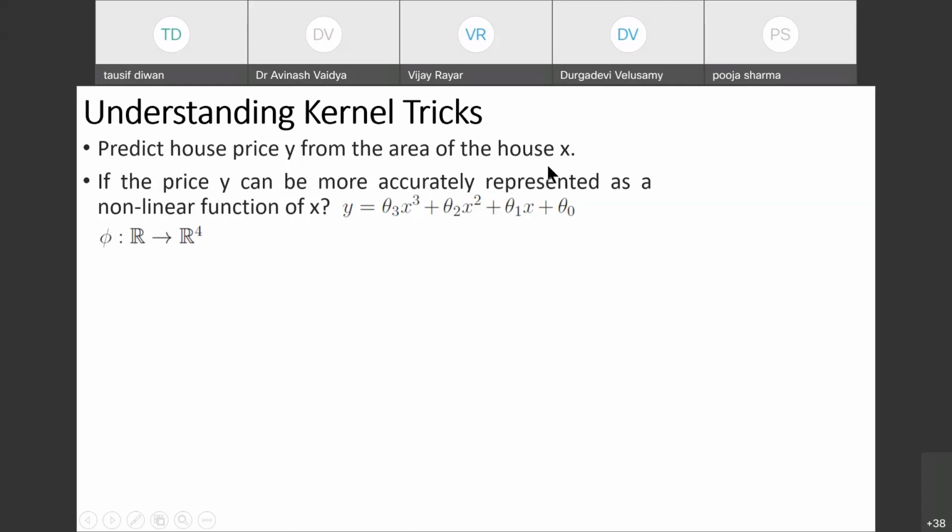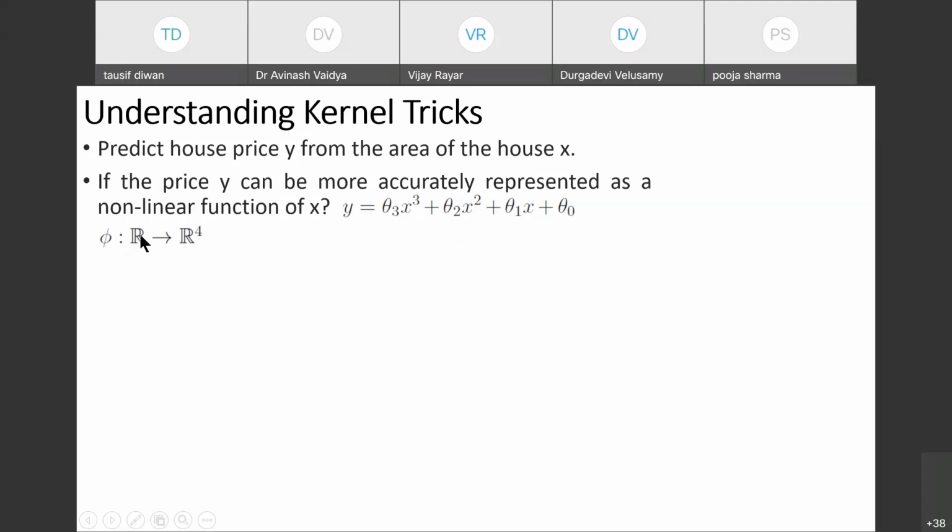It is a very simple example in which a single dimensional value is transformed to a 4-dimensional vector. It is also possible that this single dimensional value is transformed into a 400-dimensional space, like x square multiplied by x2, x square multiplied by x3, and so on. This may be any possible value.